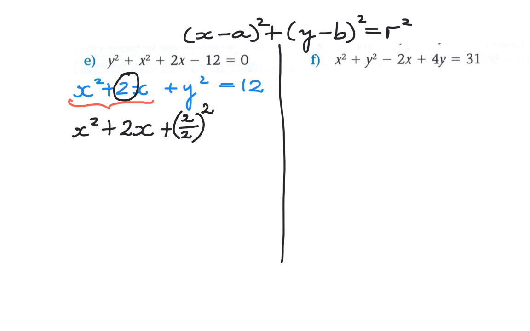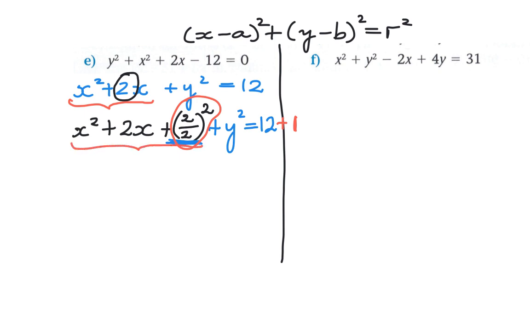Okay, because I need to get a perfect square trinomial, plus y squared equals 12. But I cannot leave it just 12 because remember I've added this term in here, which is 1 squared, so I need to add that 1 squared to the other side.